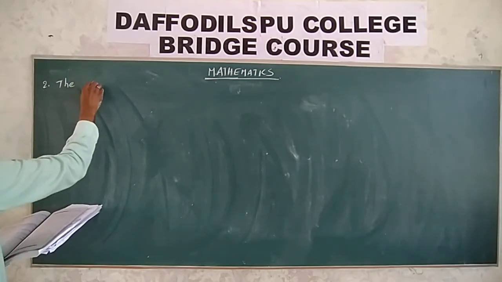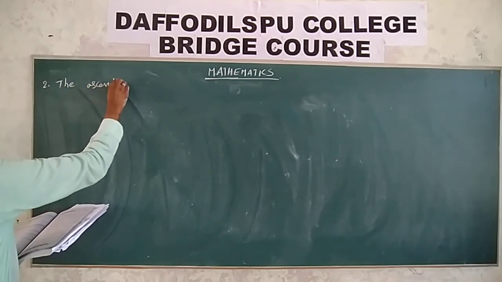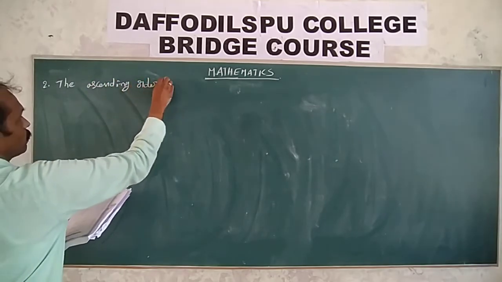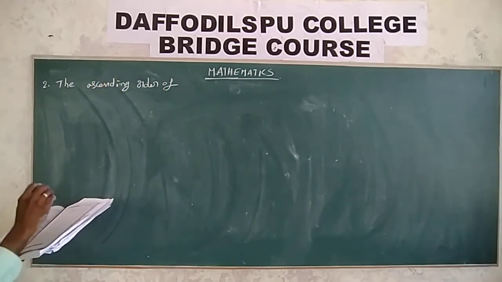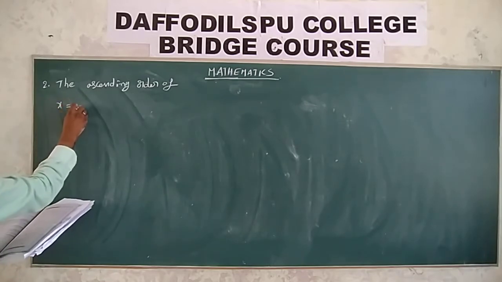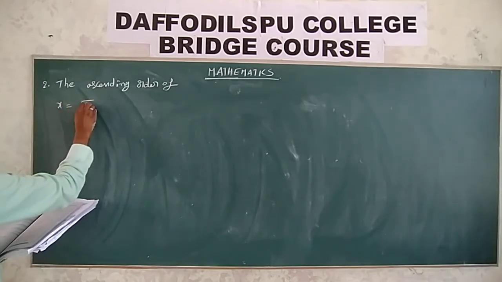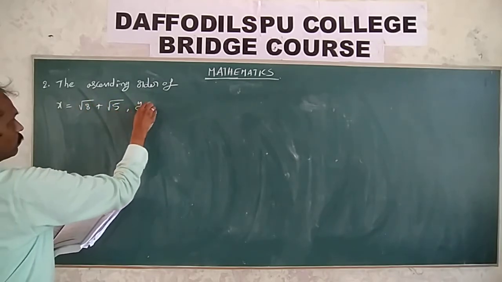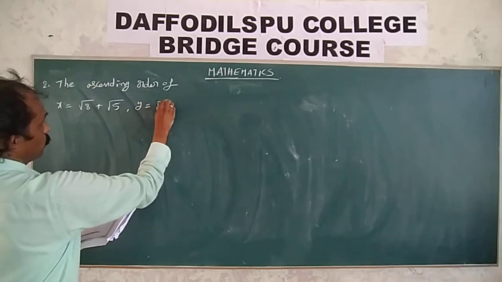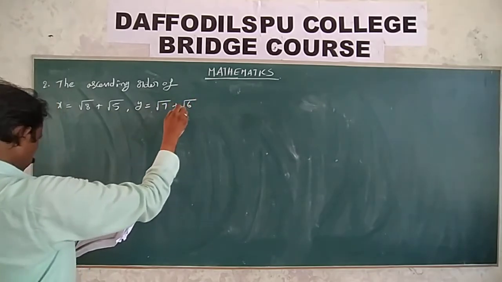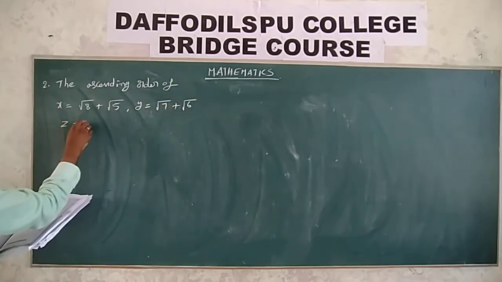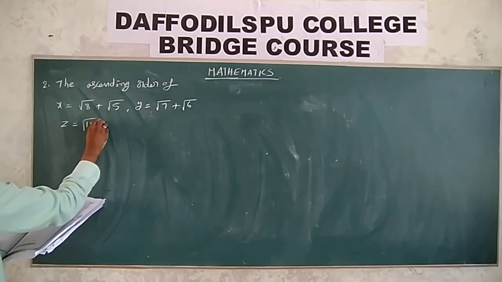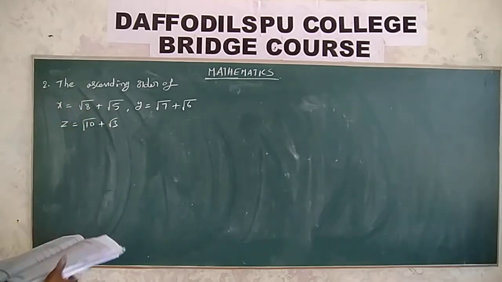Next problem: the ascending order of x is equal to root 8 plus root 5, y is equal to root 7 plus root 6, z is equal to root 10 plus root 3.